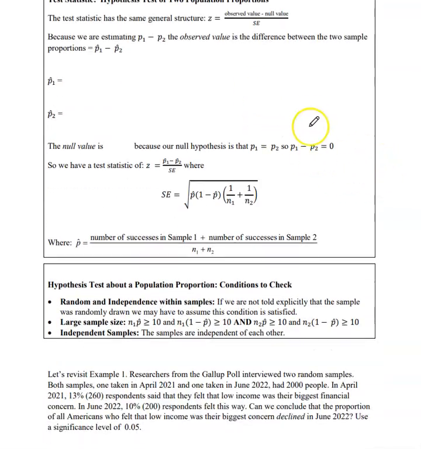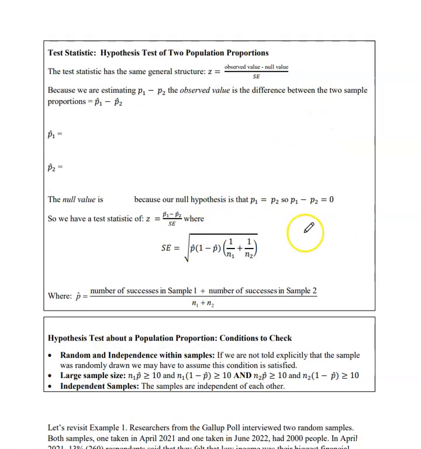Now, in the notes here, I've got several versions of this formula, just like back when we did confidence intervals. I gave you the formulas, but we're not going to have to memorize these or even really use these. We're going to use StatCrunch to figure these out. But remember, P1 hat would be the number of successes for P1 divided by N1, the size of the sample for P1.